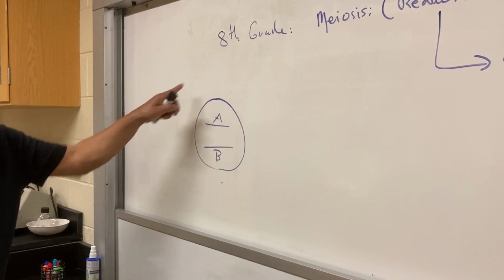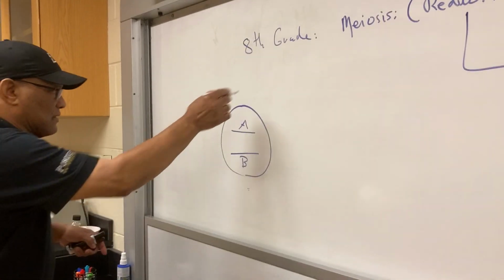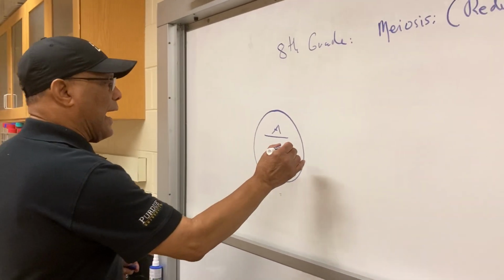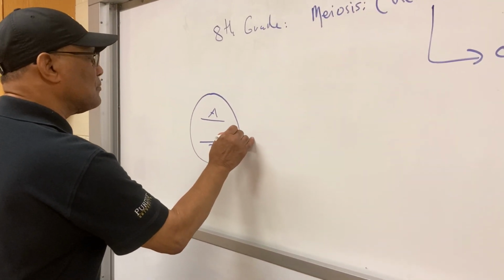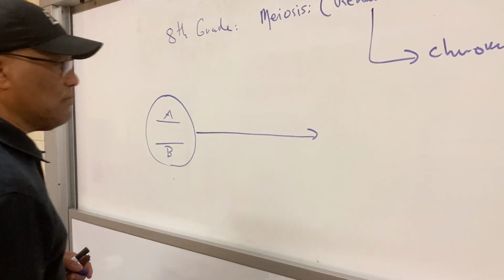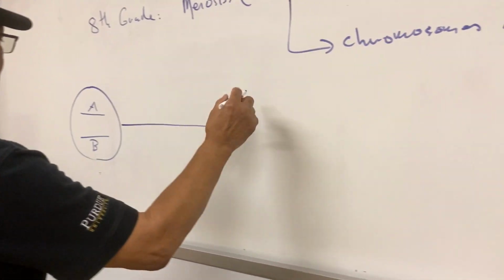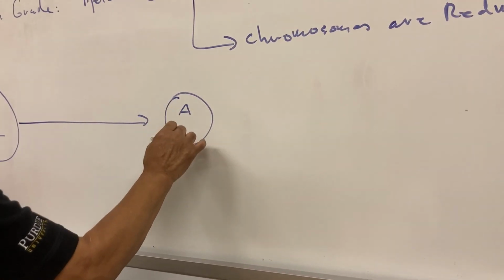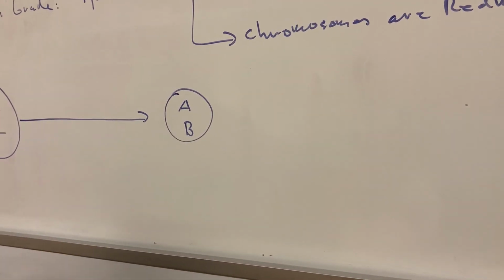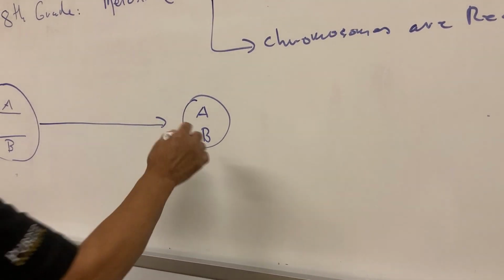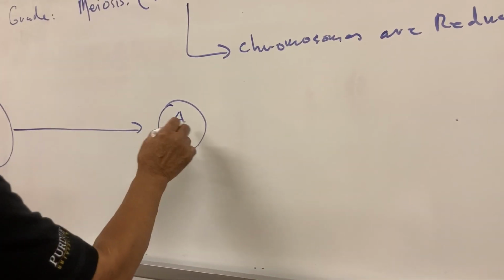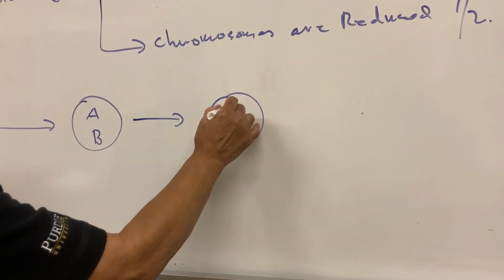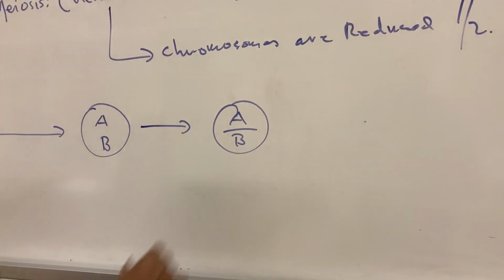And here I'm only drawing the nucleus, guys, because this has a cell membrane, but we want to go through. You understand mitosis. At the end, so you go through mitosis and you have cells with A and B. Okay? And you have two daughter cells now with A and B. This goes again. You'll have a cell with A and B.